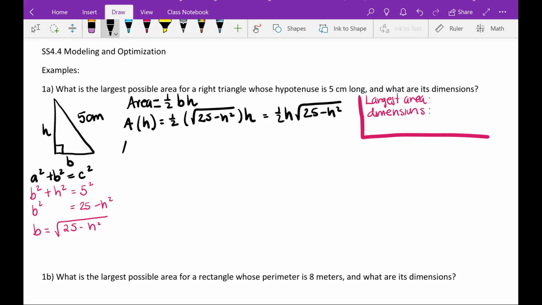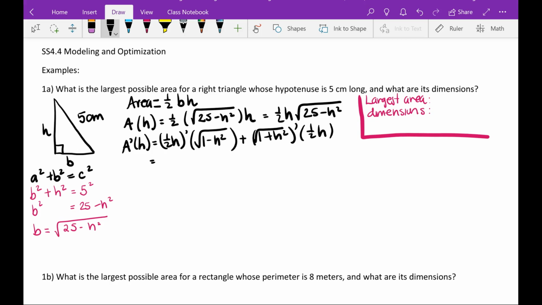So I now need to take the derivative with respect to the height. I'm going to have to use the product rule. So it's going to be 1/2, drop this down, then add the derivative of the radical, and then carry this over.